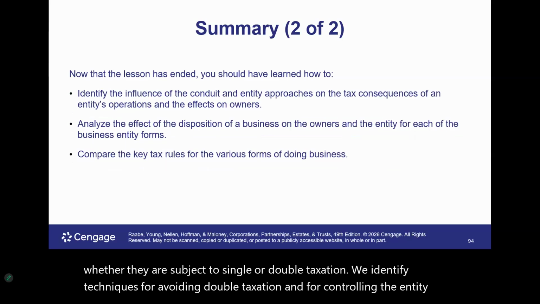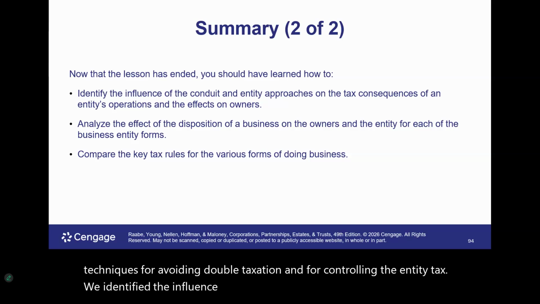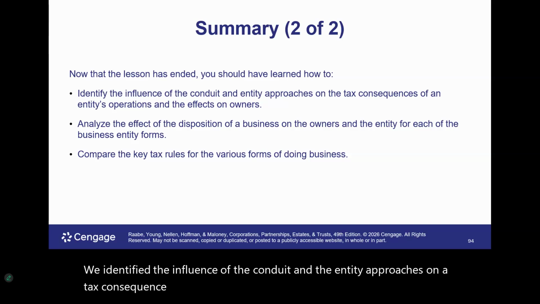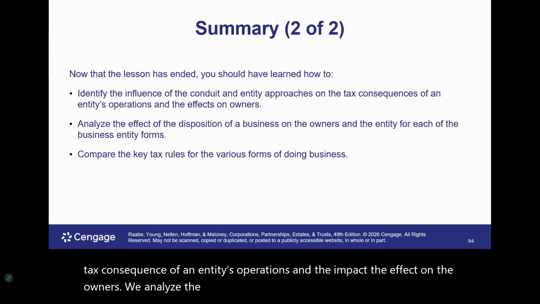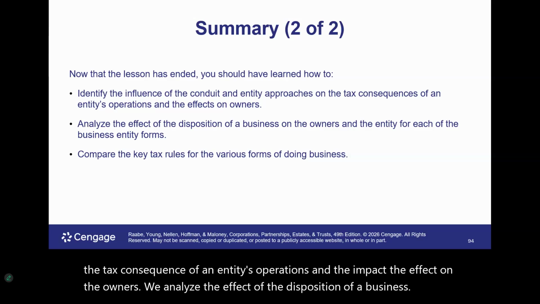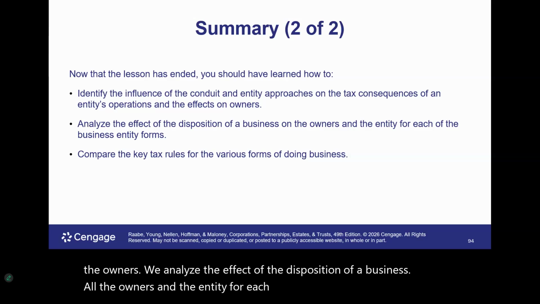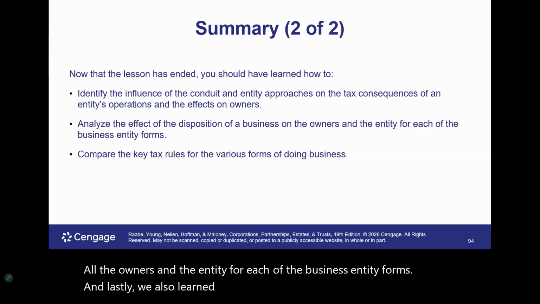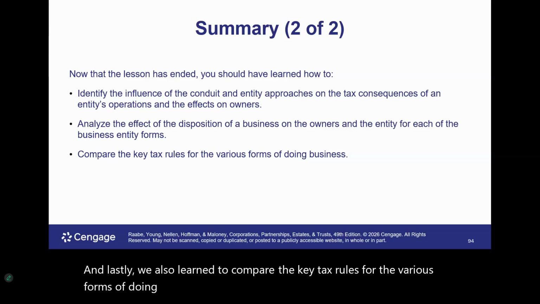We identified the influence of the conduit and the entity approaches on the tax consequences of an entity's operations and the effect on the owners. We analyzed the effect of the disposition of a business on the owners and the entity for each of the business entity forms. And lastly, we also learned to compare the key tax rules for the various forms of doing business. So again, this brings us to the end of chapter 12, comparative forms of doing business.